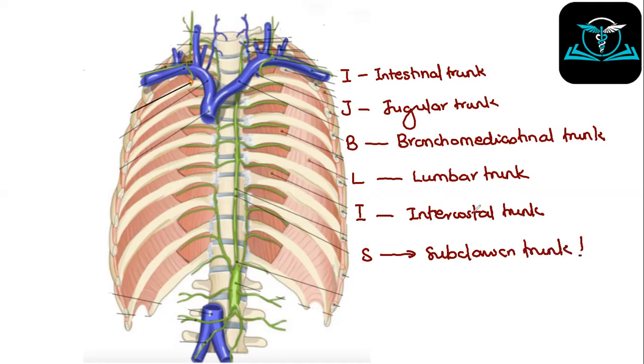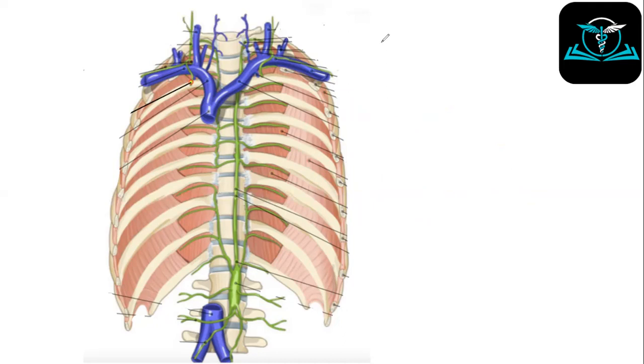And so once you are done with the trunks, then you move to the final part, which are the ducts. And so before we get there, let's look at the various trunks here in this diagram. Now, as you can see here, look at this green vessel here, and this green vessel here as well.